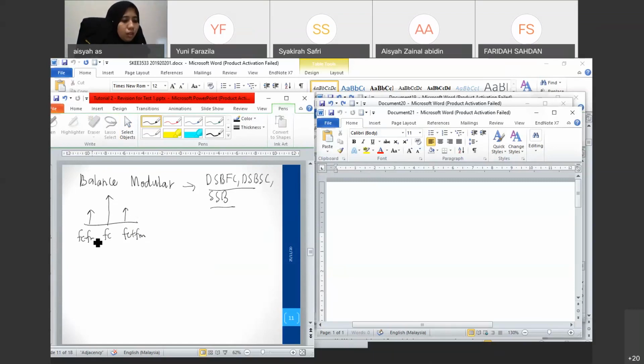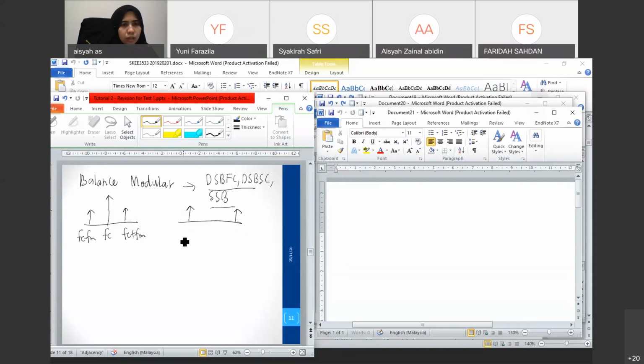And then for the DSBSC, it only has FC minus FM and FC plus FM, because it does not have the carrier.